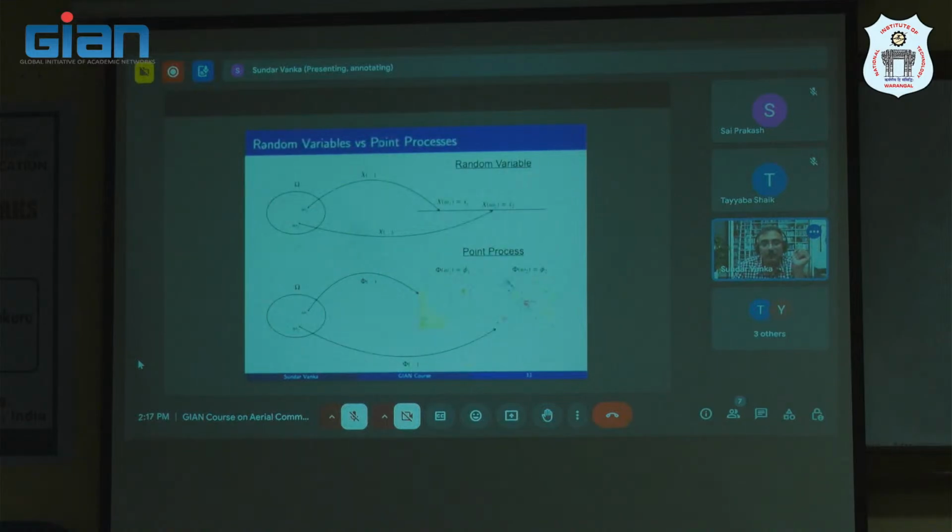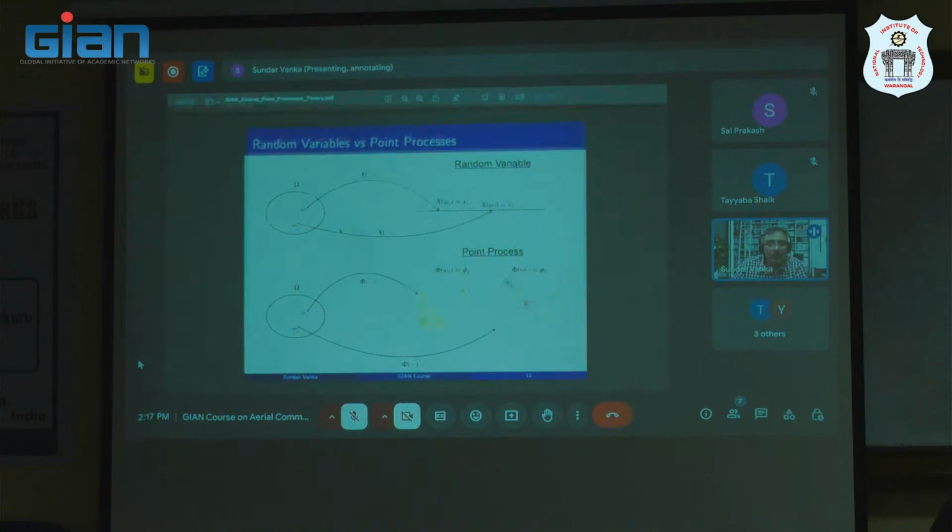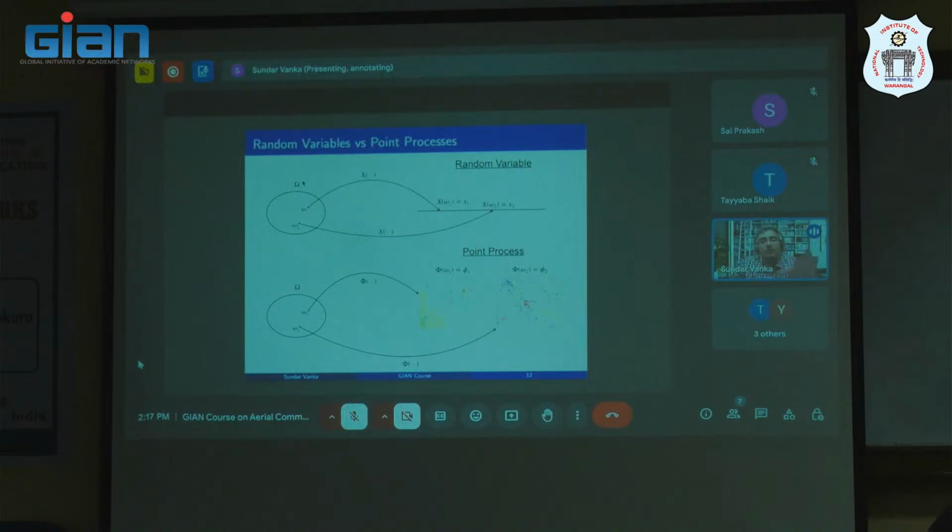Right. So just to reiterate, I want this picture to be very firmly in our minds. We are all aware of how random variables are defined. Random variables are basically maps from an outcome, from a sample space. So you have omega, which is your sample space, the set of all possible outcomes.